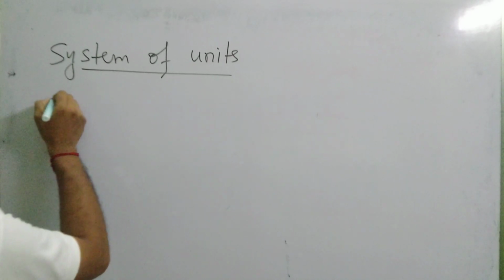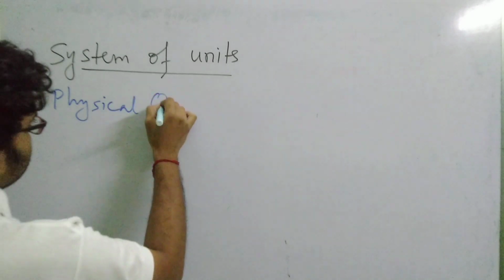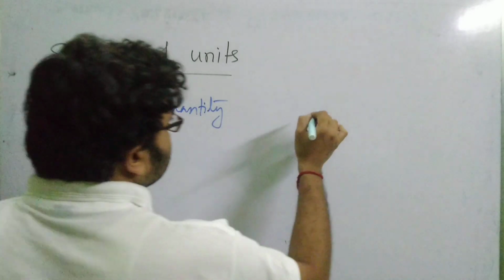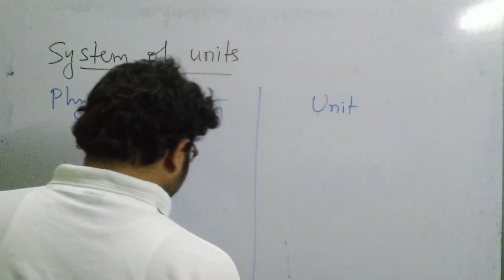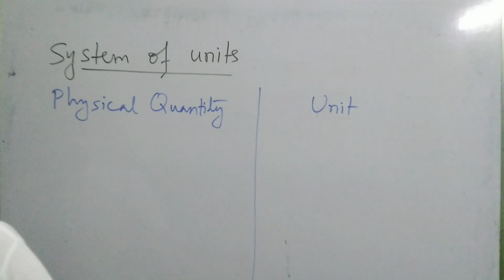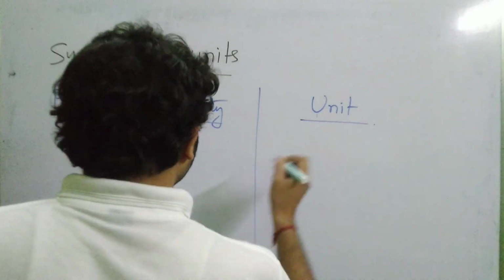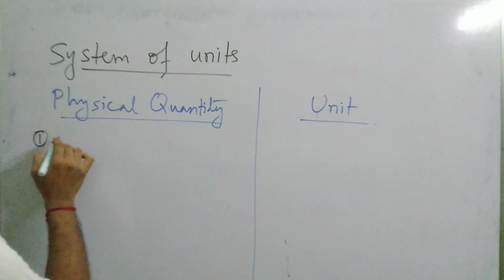So here I write physical quantity, and here I write the unit. Okay, so let us see what those units are. Now the first physical quantity is length.